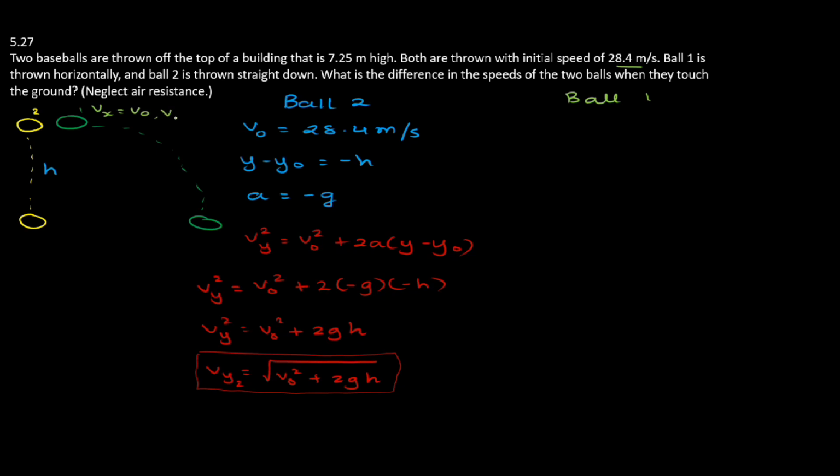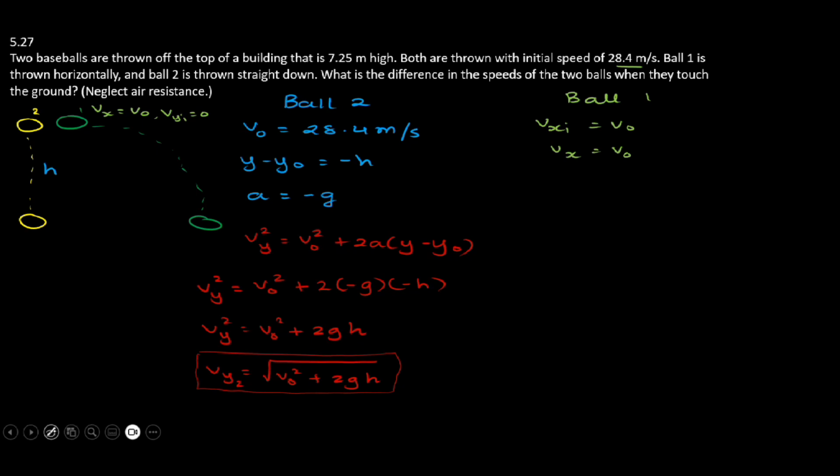The initial y component will be 0 because it was not launched with any y component of velocity. It was thrown horizontally. But as it is falling down, the y component of velocity will change. The x component will remain constant. It will not change. So x initial is v0, whereas x final will also be v0.